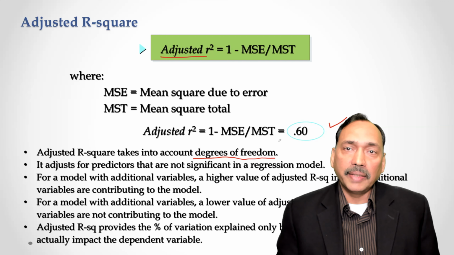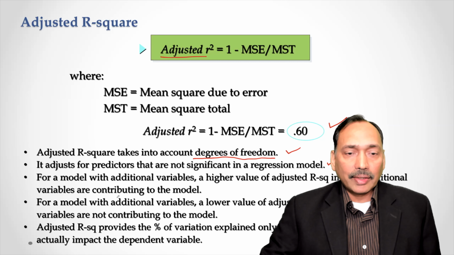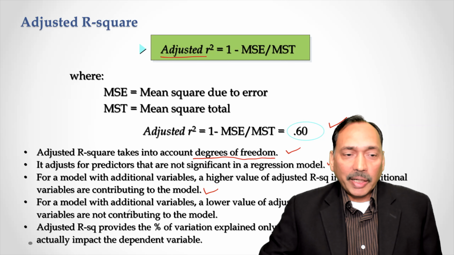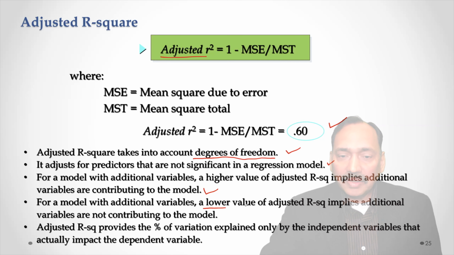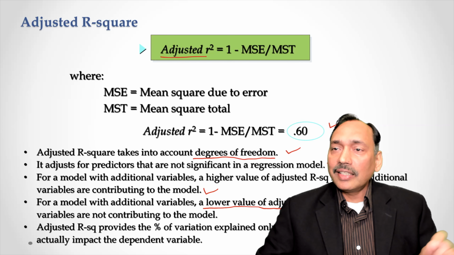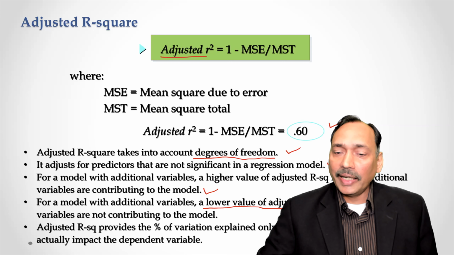For a model with additional variables, a higher value of adjusted R square implies additional variables are contributing to the model. So if you are adding an extra variable and adjusted R square goes up, that means it may have some value. But if you are adding variables and adjusted R square goes down, that's a signal that you are overfitting. Don't keep on adding variables unnecessarily.